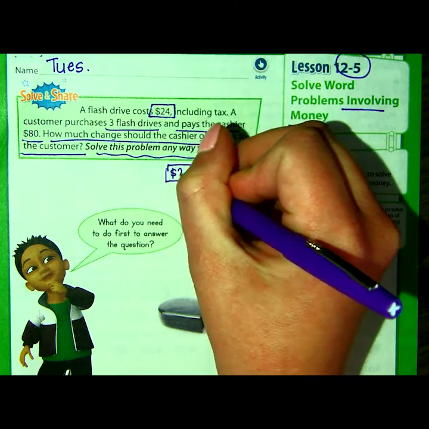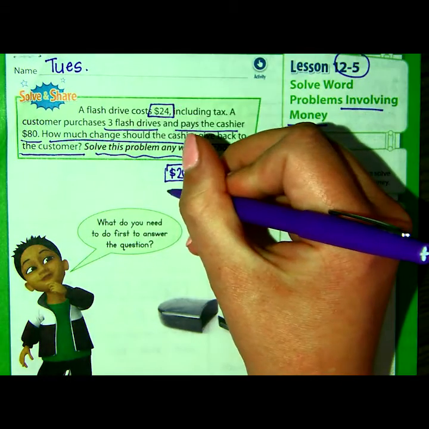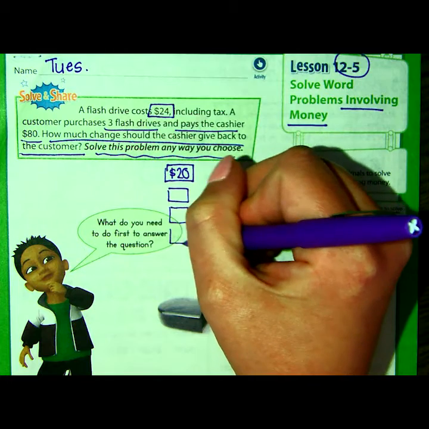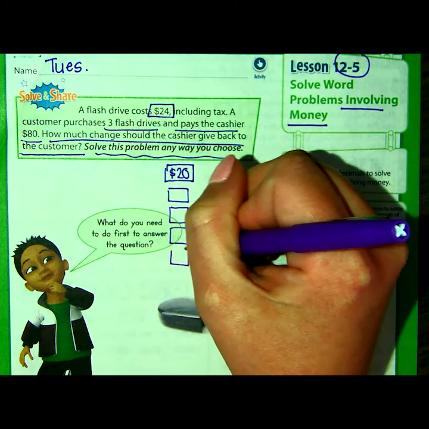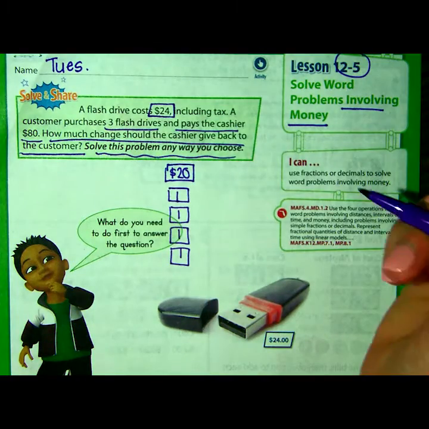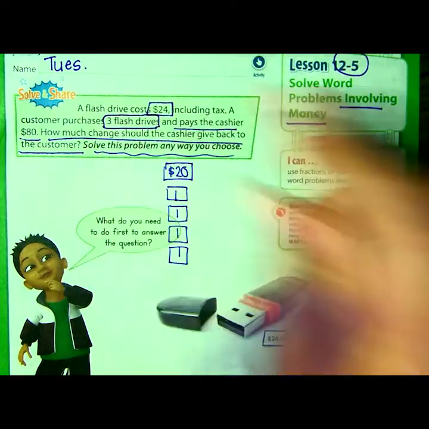a $20 bill. We've seen those before. And then they would have 4 ones. So 1, 2, 3, and 4, right? 1, 1, 1, and 1. But we bought 3 of those, right? Because 24 was just the price of 1. So we have 3 flash drives.